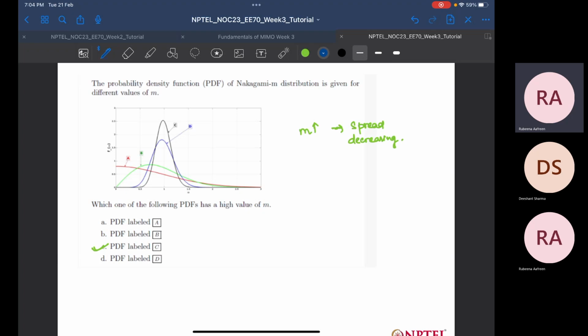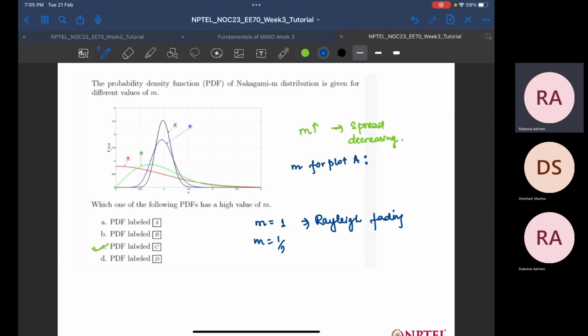Okay, one thing if I may ask, what is the value of M for the plot A? Can you tell? For Nakagami distribution, if M is 1, it gives Rayleigh fading.